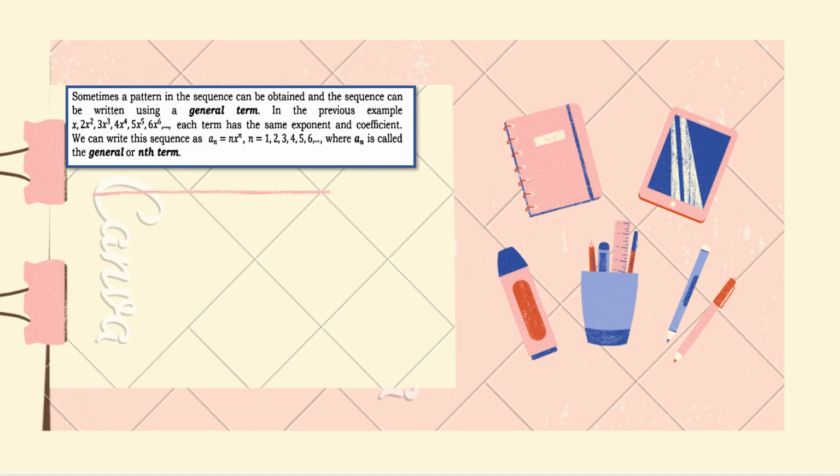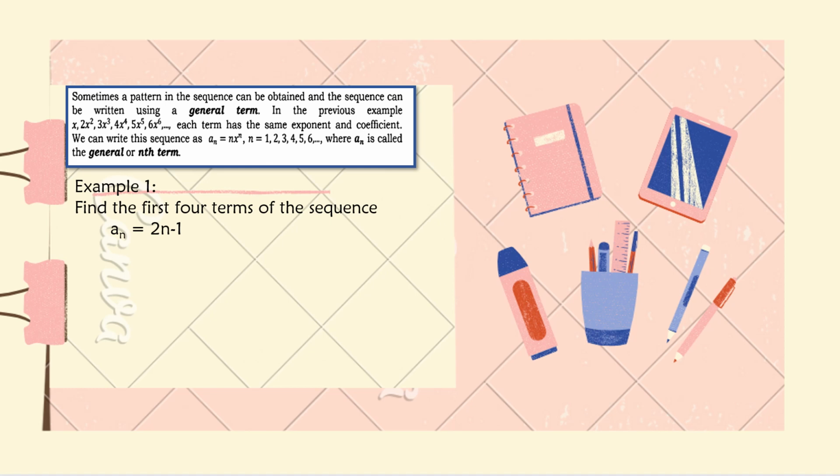Each term has the same exponent and coefficient. We can write this sequence as a sub n is equal to nx raised to n, where n is 1, 2, 3, 4, 5, 6, and so on. Where a sub n is what we call the general term or nth term. As we go on to our lesson, mas maiintindihan nyo kung ano yung ibig sabihin ng ating definition.